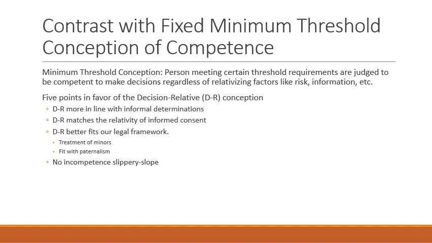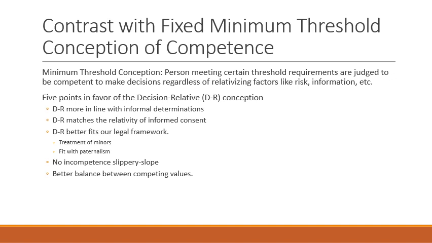And again, the more worrisome issue would be that if they're judged incompetent once, then they're going to be judged incompetent for all other decisions, regardless of risk or information. So again, DR can make sense of that. Fixed minimum threshold cannot.